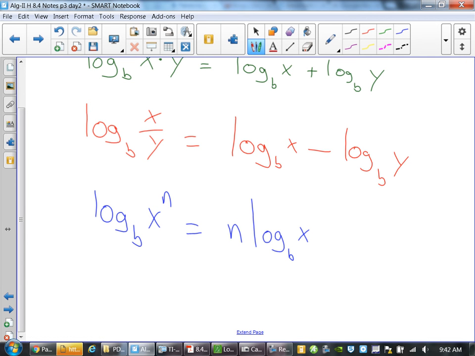So these three properties expand, going from left to right, and they condense, going from right to left. Like I said, one of the reasons why we do this stuff is so that you can solve equations tomorrow and whatnot. Let me show you an example of what this looks like as far as what you would have to do with something.